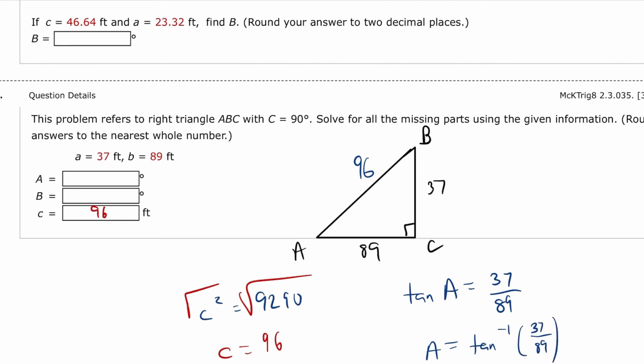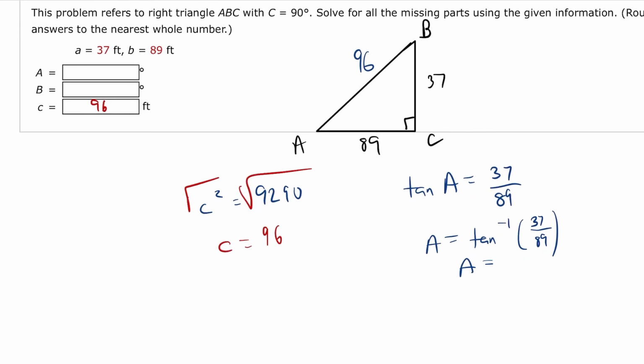And that will give us 22.5, which means we round up to 23. So that would be 23 degrees for angle A. And to find angle B, now that you know what angle A is, you can simply just find the complement of 23, which means 90 minus 23, which is 67.